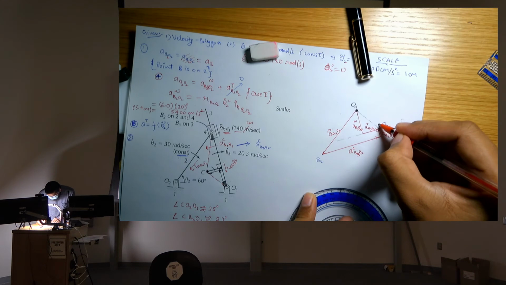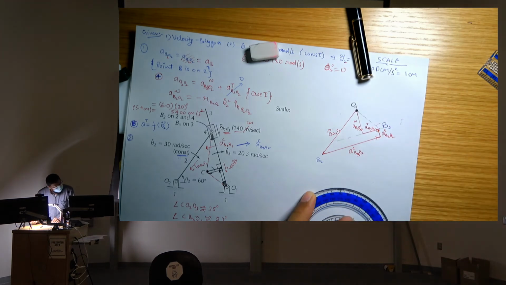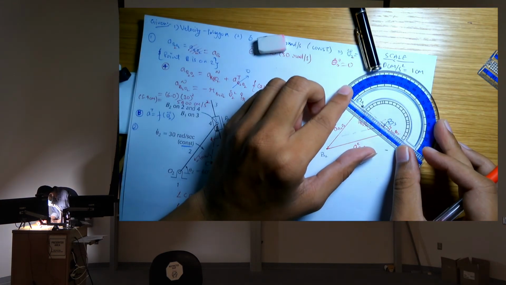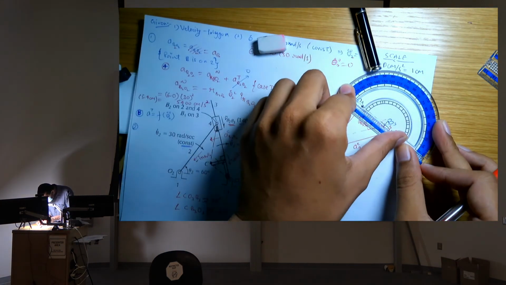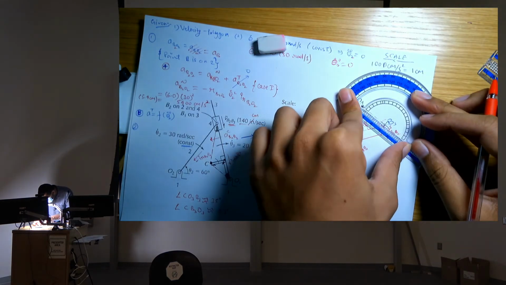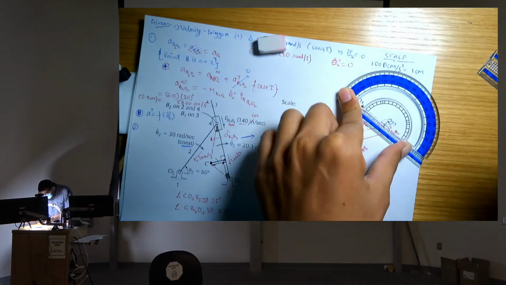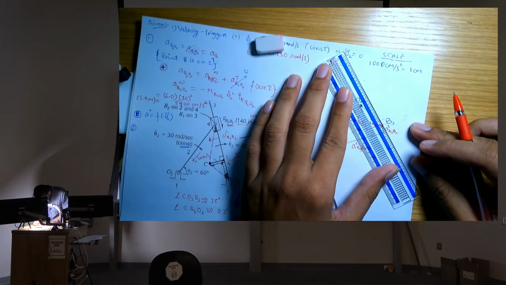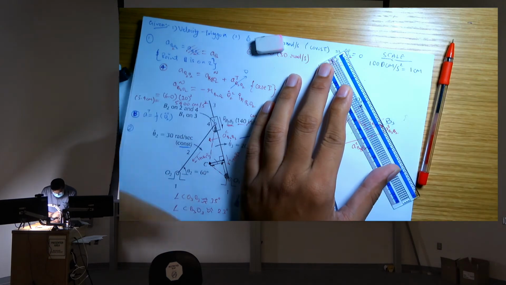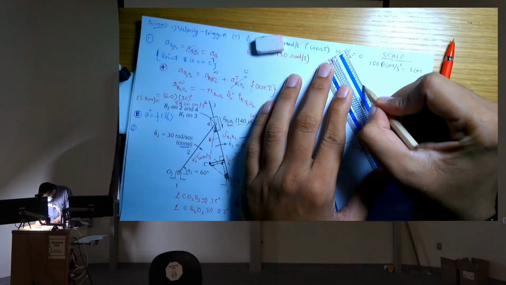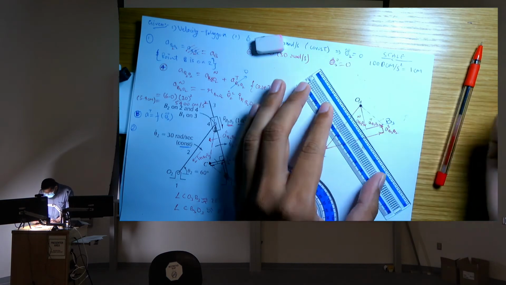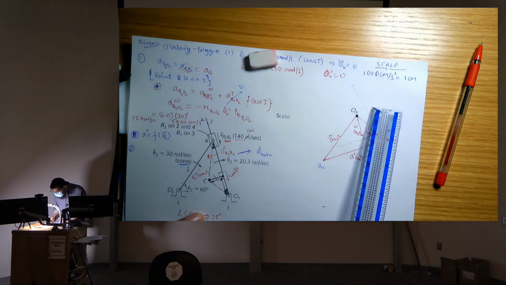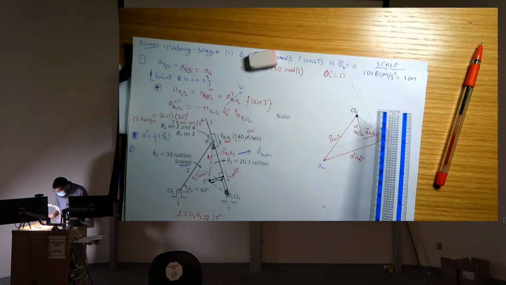So this angle we will make 23. So it would be somewhere here. So this is a line, and similarly create the angle C O3 B3 as 35 degrees.